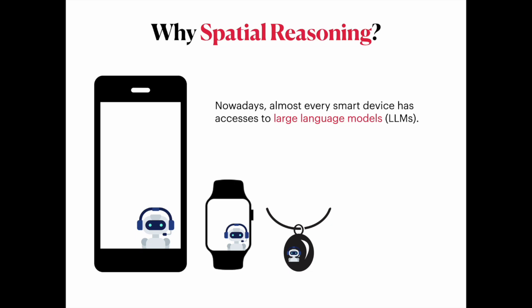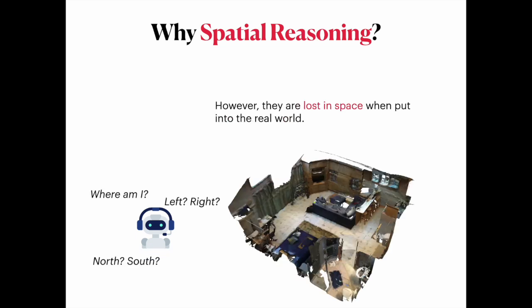First of all, why do we even care about spatial reasoning? Nowadays, almost every smart device has access to large language models. They are helping us in coding, language translation, document reading, etc. However, though they excel in the digital world, LLMs or VLMs struggle in the physical world.